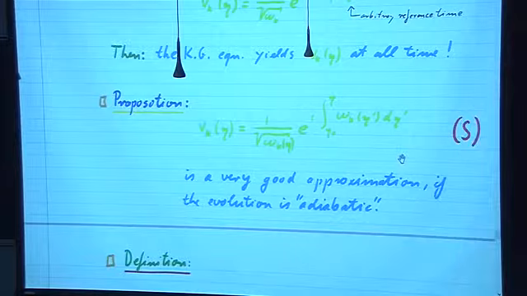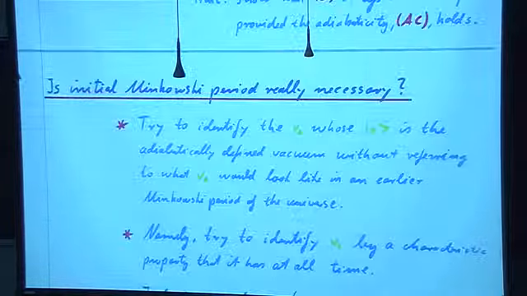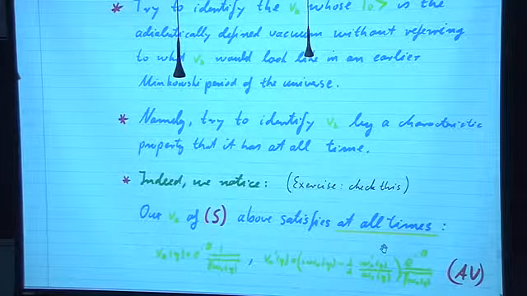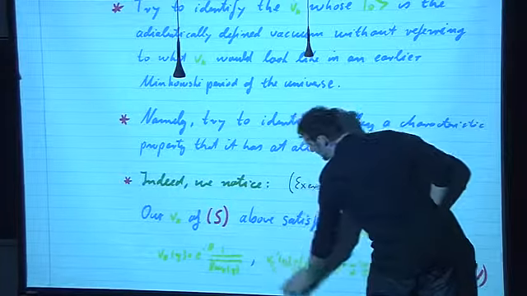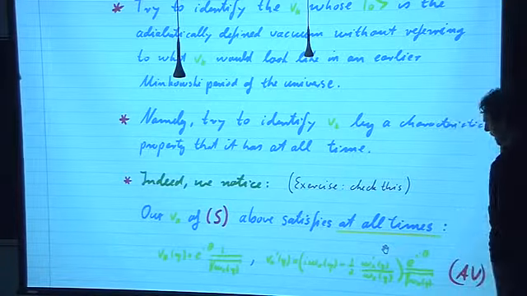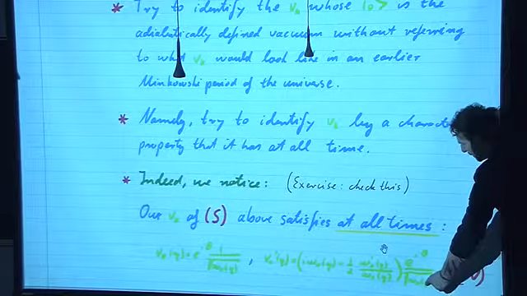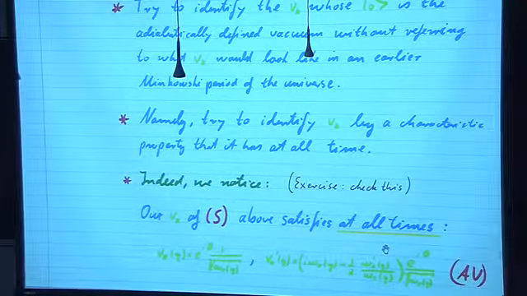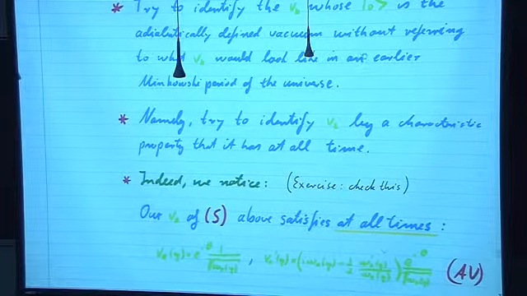And the first derivative of the mode function is given by this particular expression times 1 over the square root of omega times a phase. And that you obtain by just differentiating it.